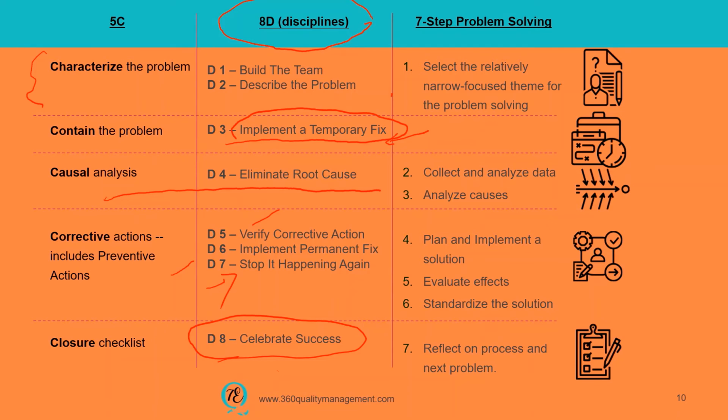So no matter what discipline, 5C, 8D or 7 steps, they all follow the same type of steps where you have to identify the problem, contain, do root cause analysis, take corrective actions to address the problem, and finally verify the effectiveness.